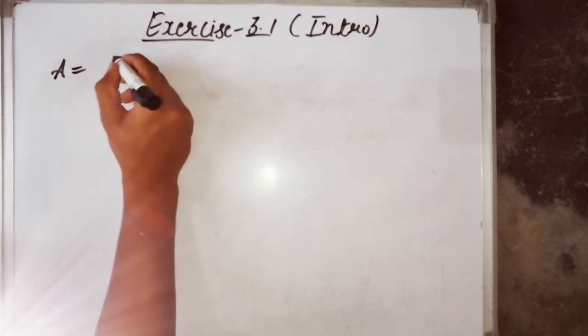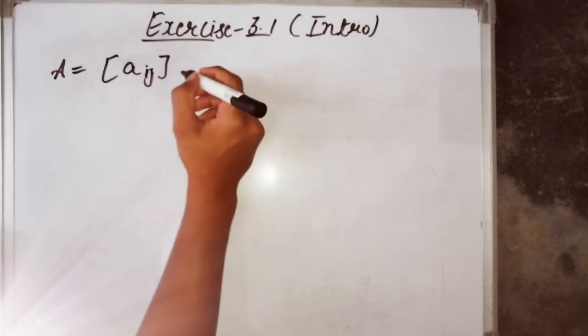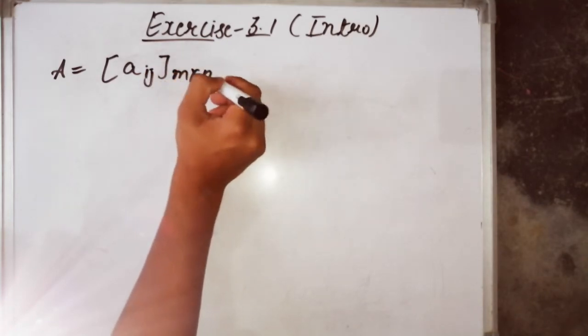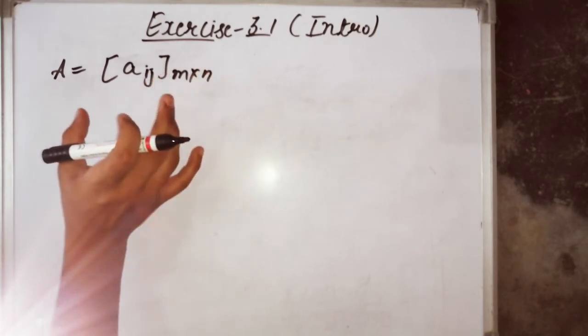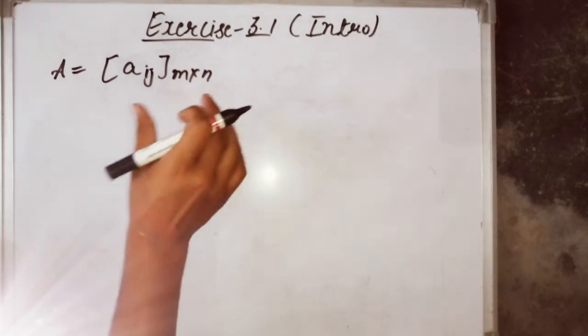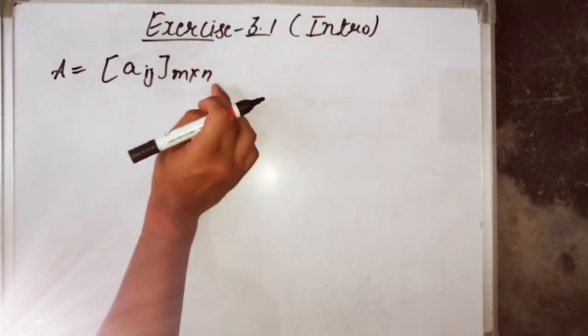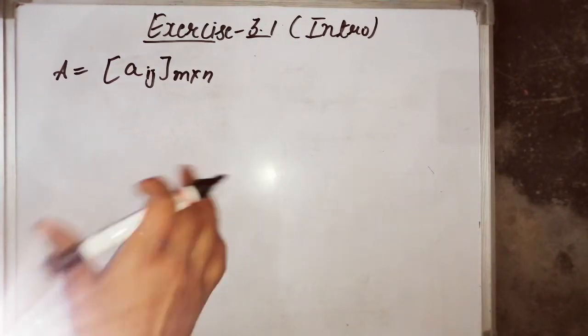A equals aij of order m cross n. What does this mean? This means that the matrix A has aij as its elements, with the order of m cross n. This is what we have read before.